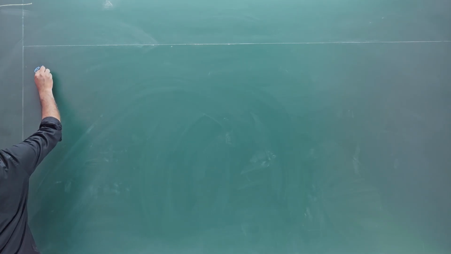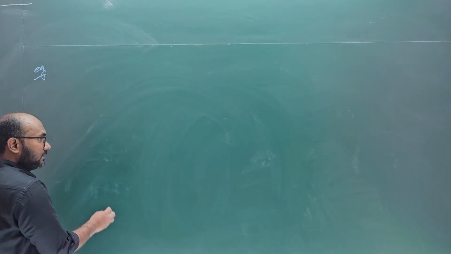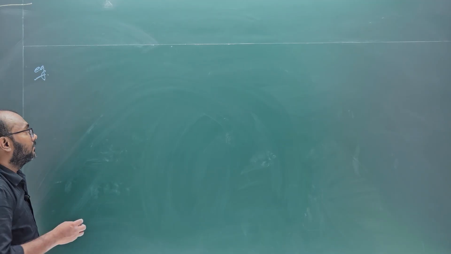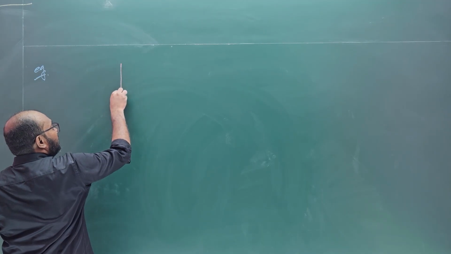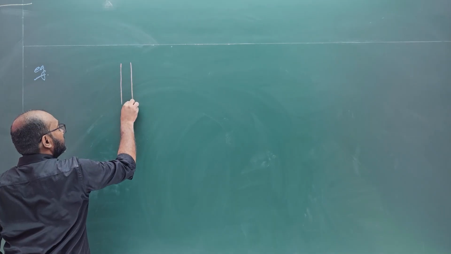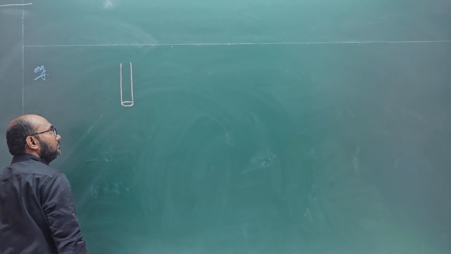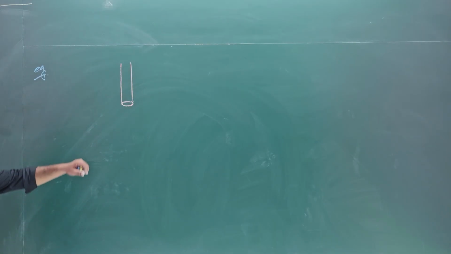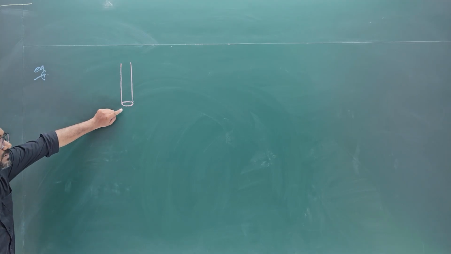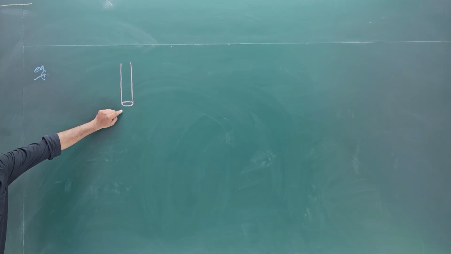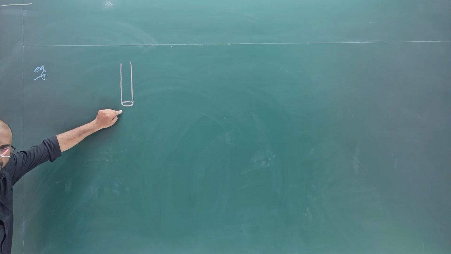Okay, next example. Now listen to me carefully. This answer is also very easy. Consider here is a pipe. From this pipe, they can release water, they can release balls, they can release anything.